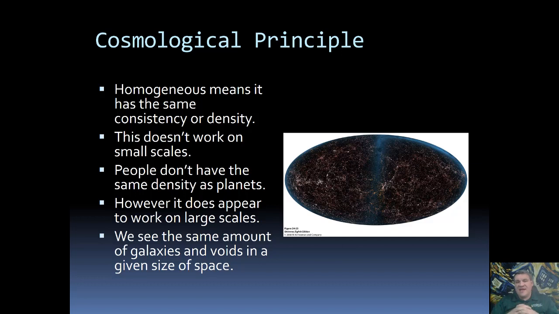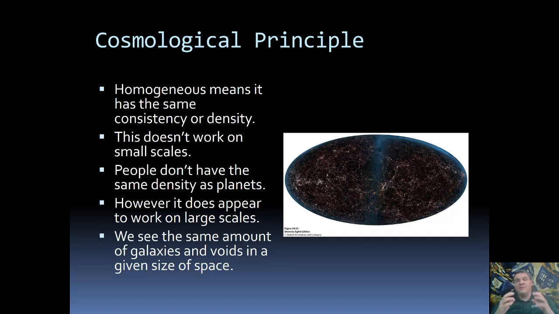This is what we think is happening in the universe, that overall, on the large scale, everything has basically the same density. Now, this absolutely does not work on the small scale. You do not have the same density as the Earth or the Sun or whatever. But this only has to work on a universal scale.